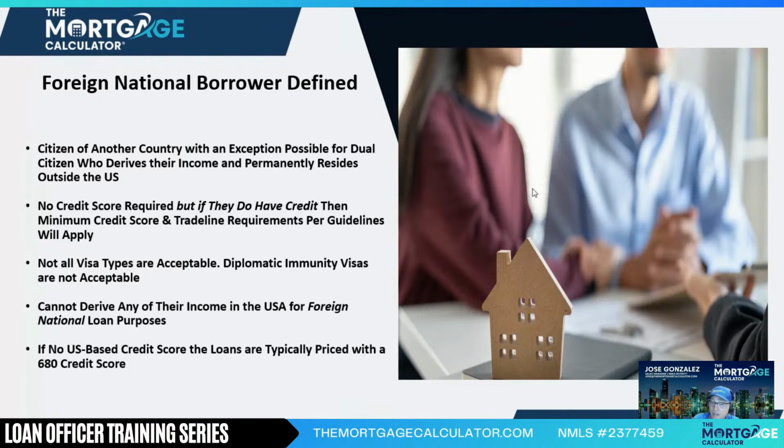If you have the income for the program type, usually if it's full doc, you would need the 2 years or 1 year, depending on what the program type is. As long as you have the income and you have the visa type that allows you to work here and the credit, you could be a non-permanent resident alien.